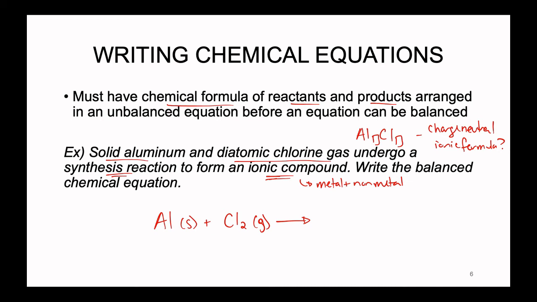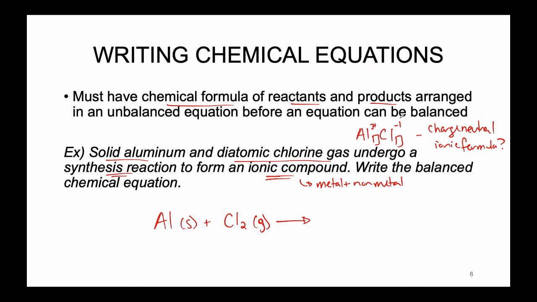Now aluminum, if we observe its placement on the periodic table and determine its electron configuration, we would predict is the most stable in an ionic form if it has a 3+ charge. Chlorine, its placement on the periodic table and its electron configuration tell us that it would be the most stable with a 1- charge.